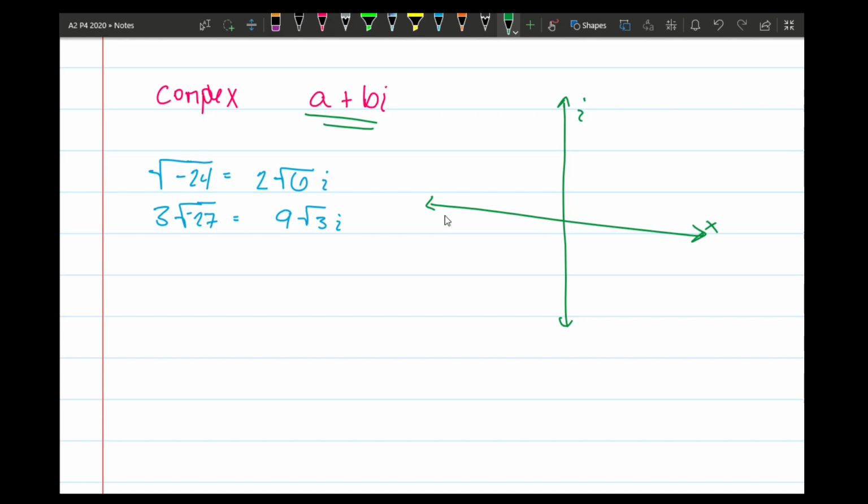So if I had the point 3 comma 2i, I'd go 1, 2, 3, and then up 1, 2, and this would be the point. That's all it is. We are not going to do any graphing of complex numbers, so I'm not super worried about it. But I did want you to know that it is something you can do. There's nothing weird about it.